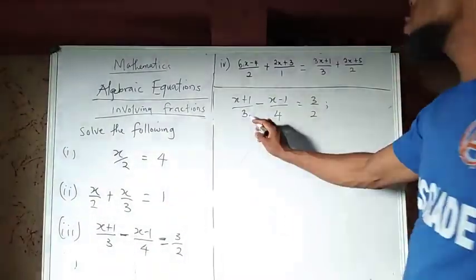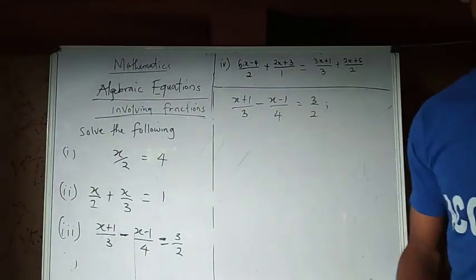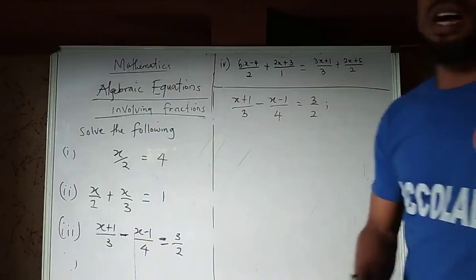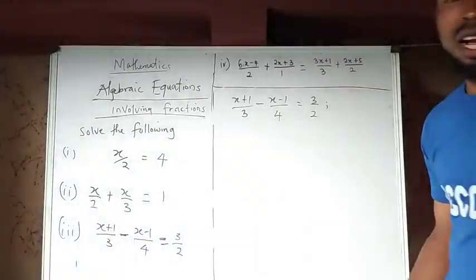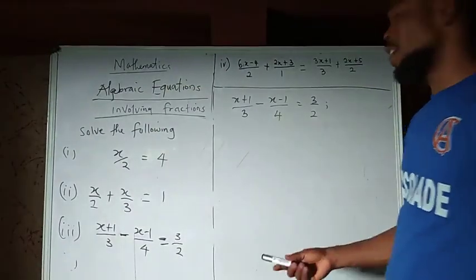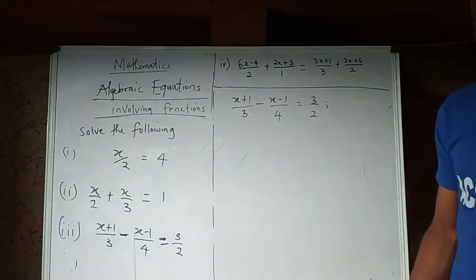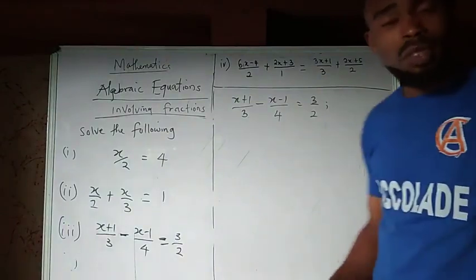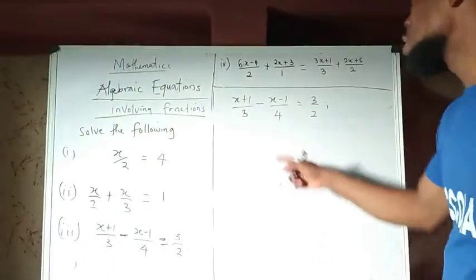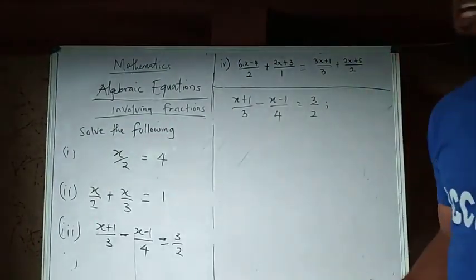The LCM of 3, 4, and 2 is 12. If you cannot remember, you can check out how to find the LCM of numbers using the previous classes I've done. So the LCM is 12.